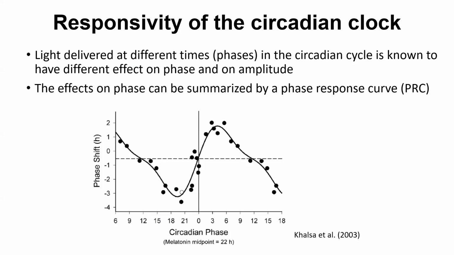So you get the biggest phase delays in the late evening, after the sun has gone down, into when you would normally be sleeping. And you get the largest phase advances just before dawn and into the early morning. And so this type of response has been put into this mathematical model to represent how the system responds to light.